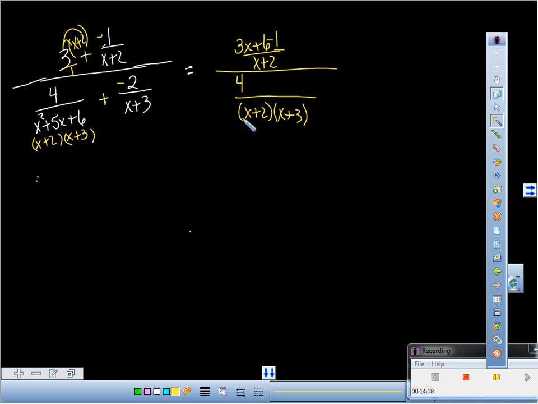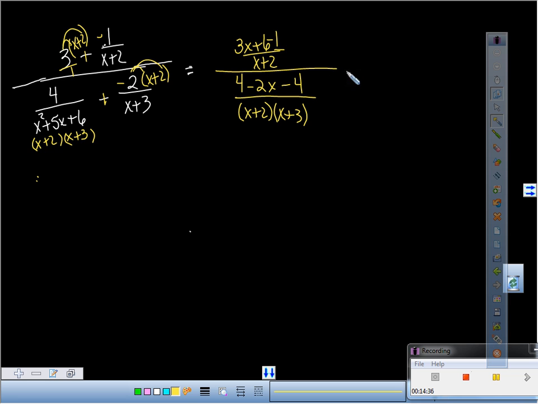Write a little 4 down. Okay? This denominator, what is he missing? X plus 2. So I multiply the top, you multiply the bottom by the 2, but it's already written. And then when you distribute that negative 2, what do you get? Negative 2x minus 4. Okay.